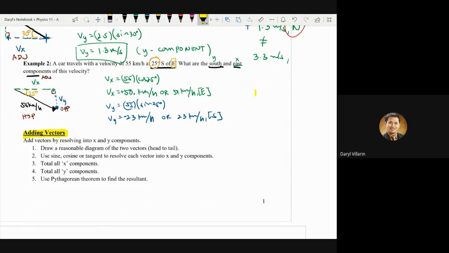If we use the Cartesian coordinate system, with positive y, negative y, negative x, positive x, this quadrant is both positive, this one is negative, positive, both are negative here, and this is positive. Yeah, I switched quadrants 3 and 4 by accident.